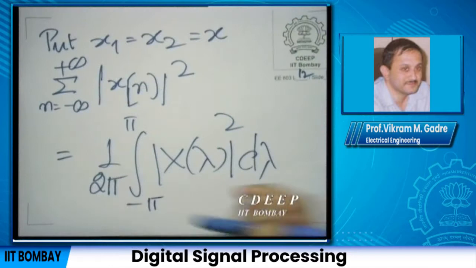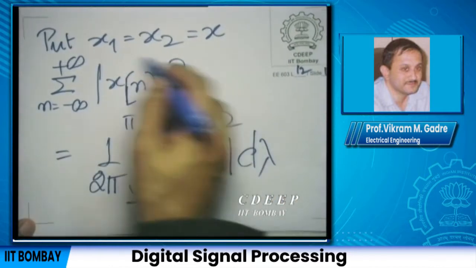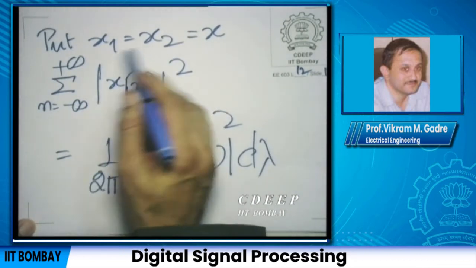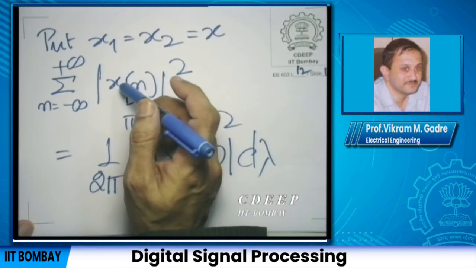So, both of them correspond to an energy. Let us go back to this. Both of these quantities are now an energy. This is an energy as seen in frequency, and the same energy is seen in time. So, we also call this the energy of the sequence for the obvious reason that I have just explained.